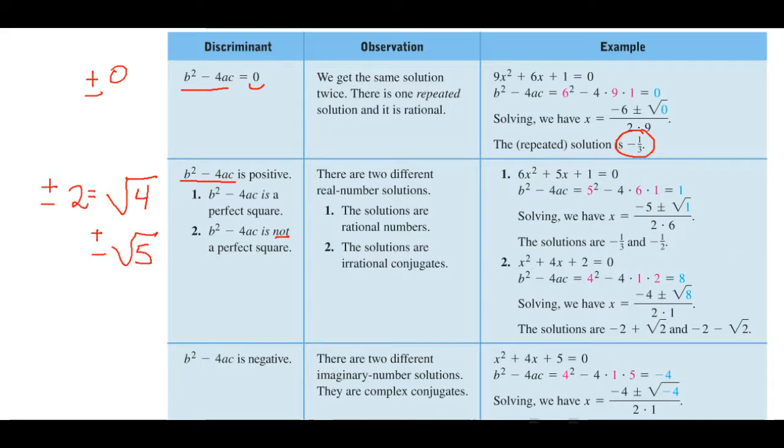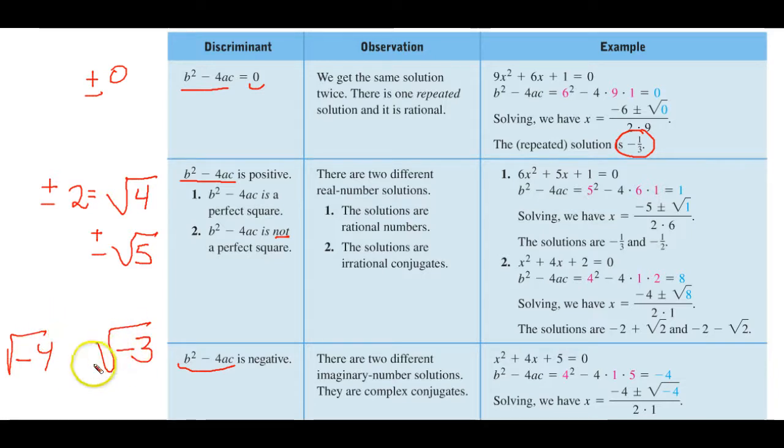All right, let's go down a little bit further. Now, suppose what you get when you plug in your substitution items into your discriminant and it becomes, let's say, negative 3 under the radical sign. It also could be the square root of a negative 4.